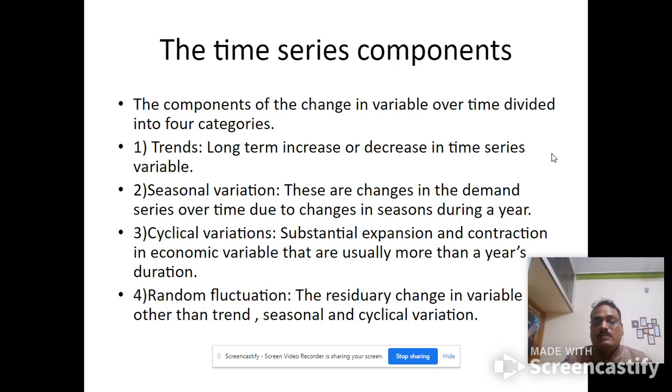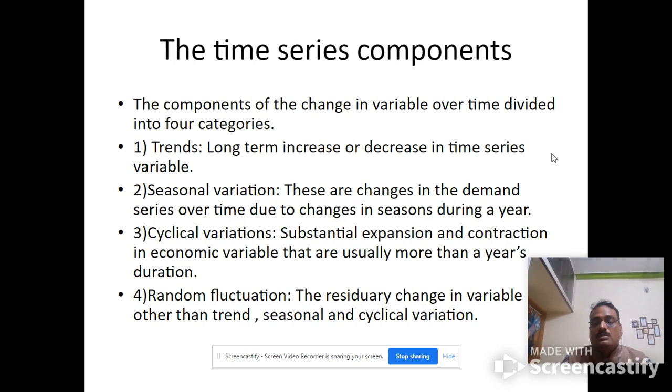Coming to the cyclical variations, when we were using the seasonal component, we were trying to observe the change in the demand within a year. Here, in the cyclical variation, generally we take a time period which is more than a year, and we find that a typical good will be experiencing a change in terms of the demand over the years in repetition.